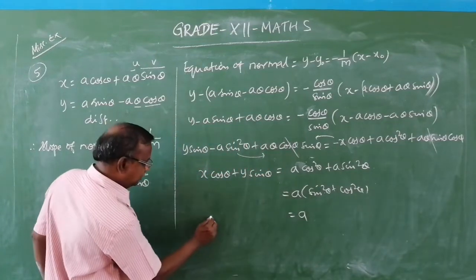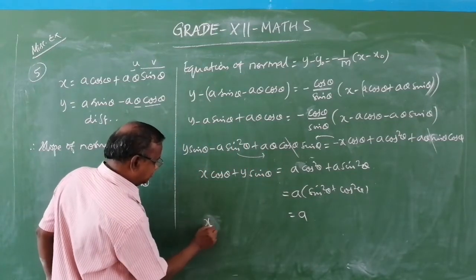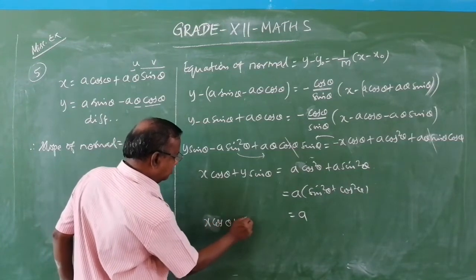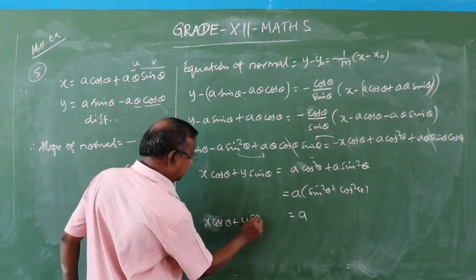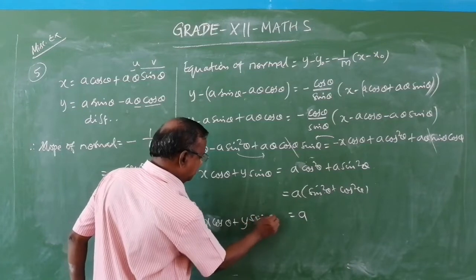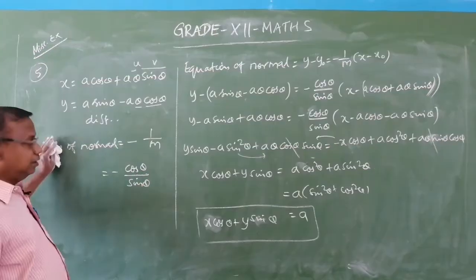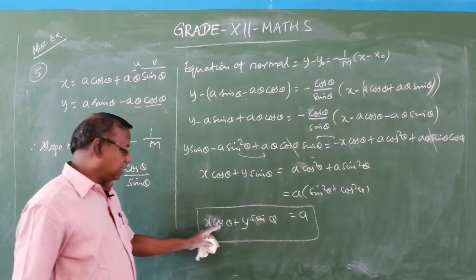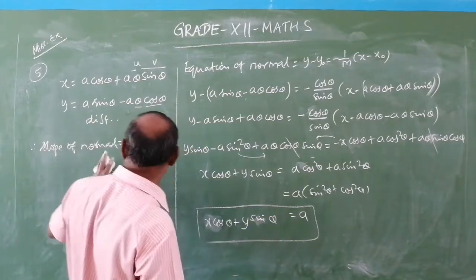So x cos theta plus y sin theta equal to a, which is in the normal form.